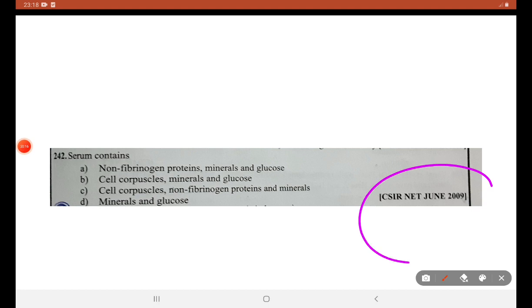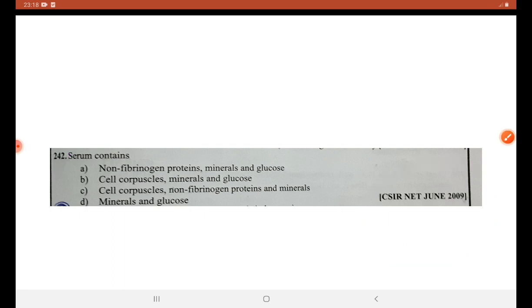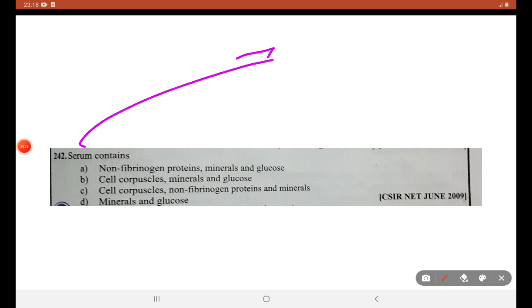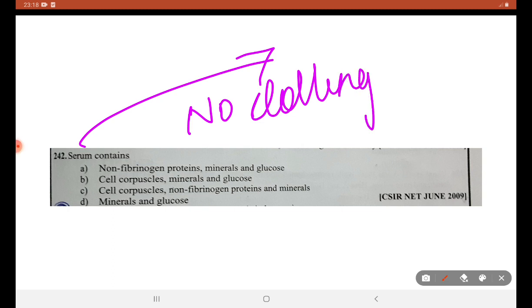Serum. June 2009. Serum contains non-fibrinogen proteins. So what is serum? Serum does not have clotting factors. So fibrinogen is a clotting factor.